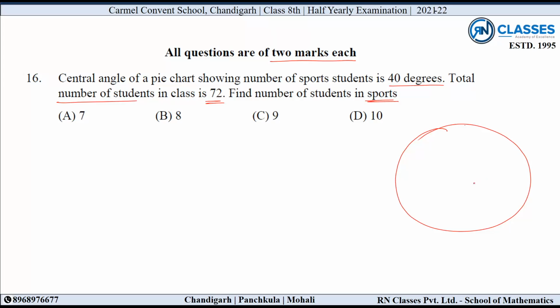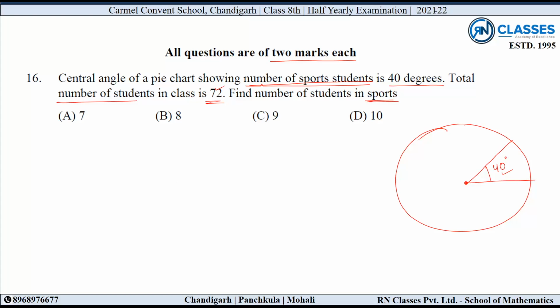Okay, we'll start the central angle from here. 40 degrees. So this is approximately 40 degrees. So central angle of showing number of sports students is 40 degree. वो दिया हुआ. Total number of students is 72. Find the number of students in sports.